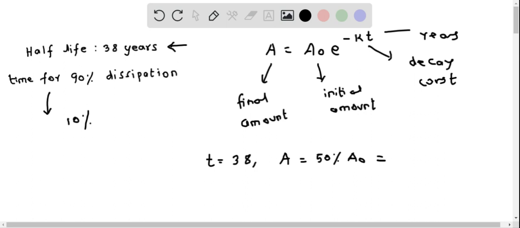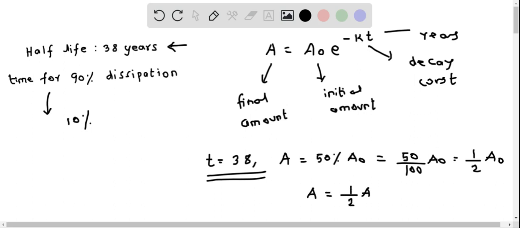We can represent this as a fraction because 50% is 50 by 100, so A equals half of A naught. So at t equal to 38, after 38 years, the amount of substance that remains is half of A naught.